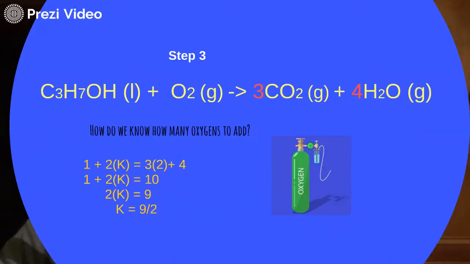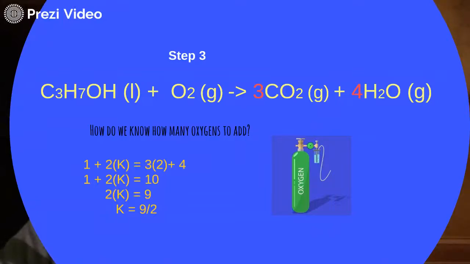And of course, you can do it in your head, but I figured we can create a little equation. So 1 is referring to 1 oxygen in the propanol, plus 2k. k is the coefficient that we will add to that double molecule of oxygen, right? Equals 3 times 2, referring to the number of oxygens in the carbon dioxide, plus 4, which is the number of oxygens in water.